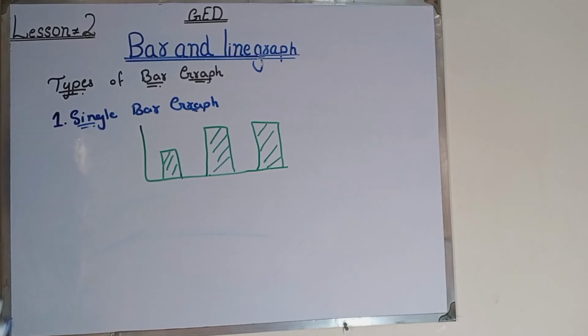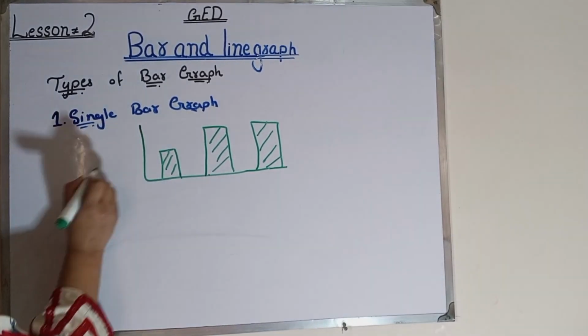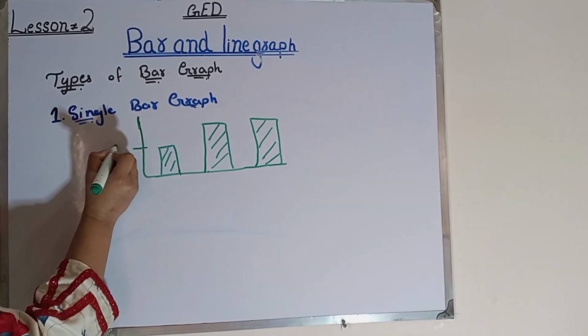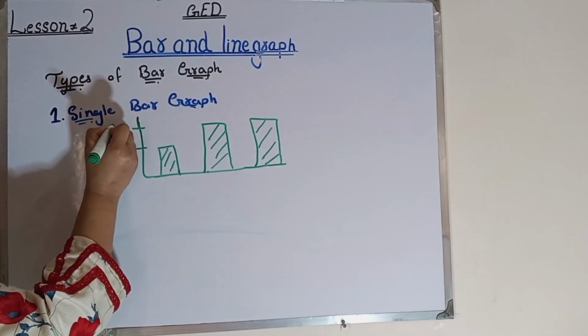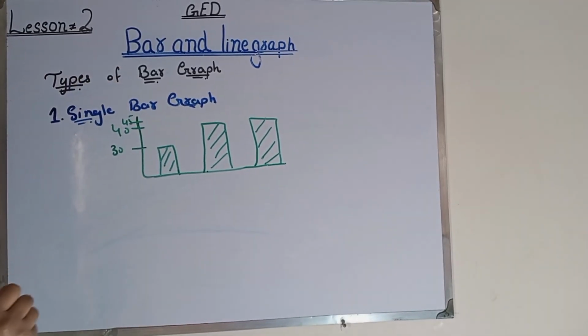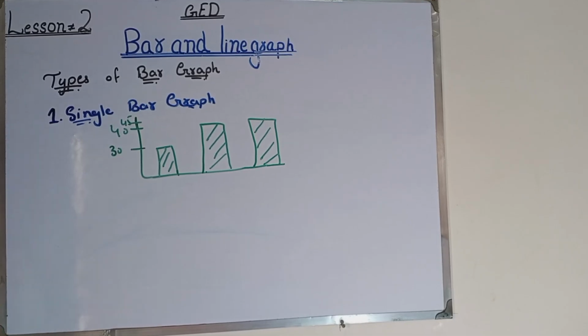We use only one color, shows one type of data. Only this is for students, just like it's number 30, it's number 40, it's number 45. Okay, this is single bar graph.